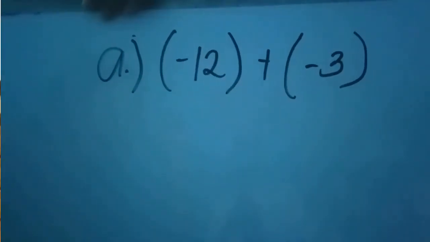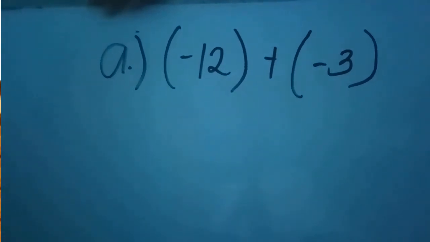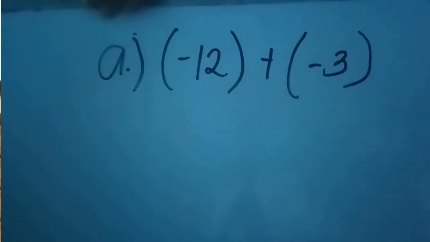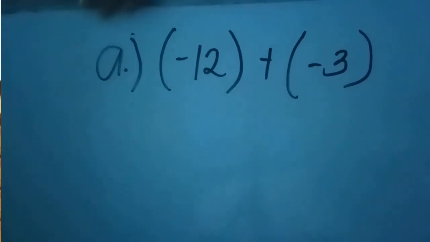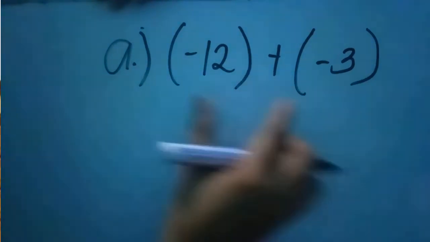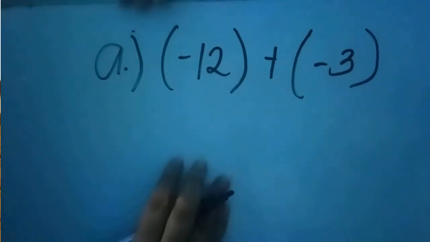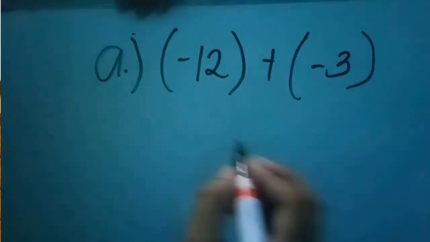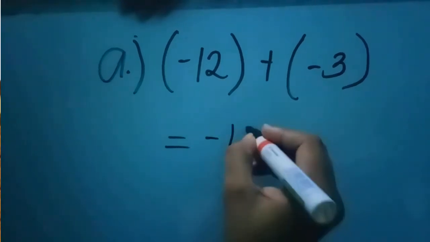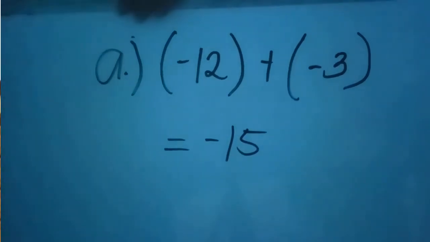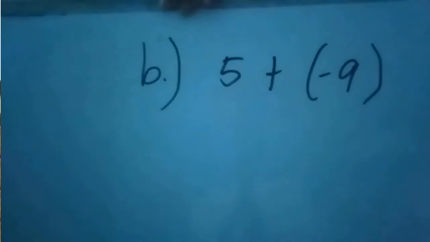Let us find the sum of letter A. We have -12 plus -3. Like sign, add. So -12 plus -3 is equal to -15. Just copy the sign.